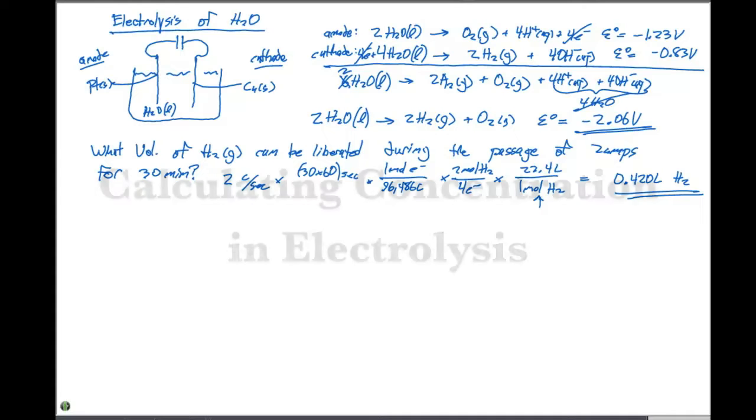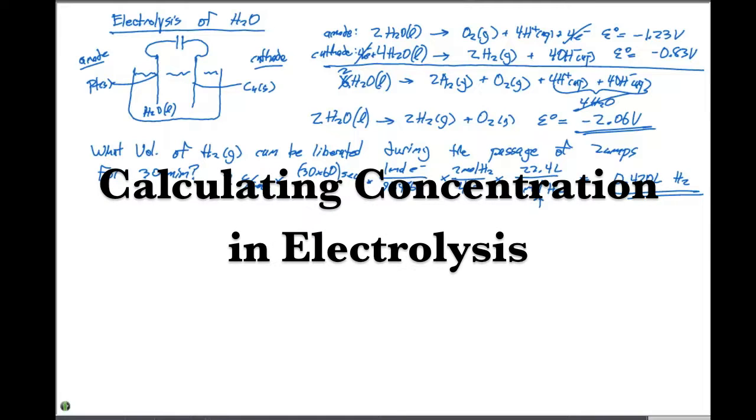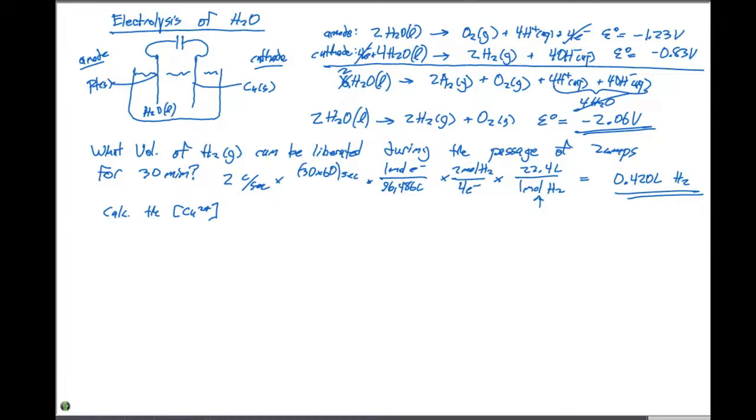This one's going to ask us to calculate the copper 2 plus concentration remaining in 335 milliliters of a solution that was originally 0.215 molar copper sulfate.